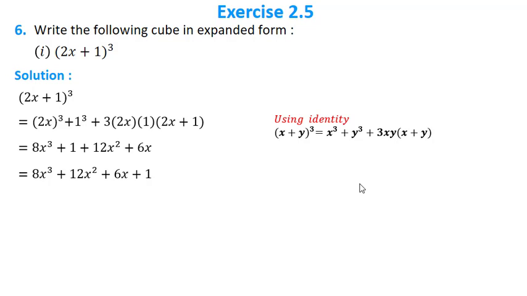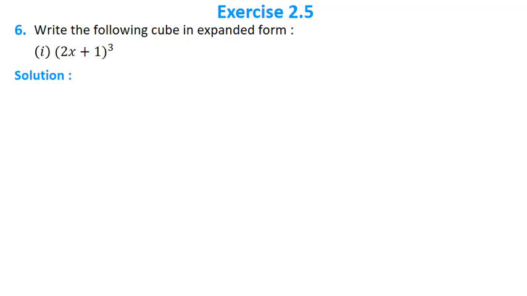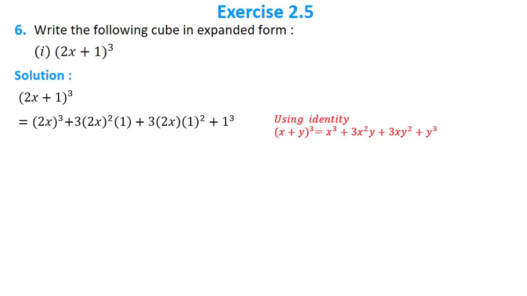So we will again solve the same problem with the help of the second identity which we have seen. So here we are going to use the identity (x plus y) the whole cube as x cube plus 3x square y plus 3xy square plus y cube. So here we get (2x) the whole cube plus 3 into (2x) the whole square into 1 plus 3 into 2x into 1 square plus 1 cube.